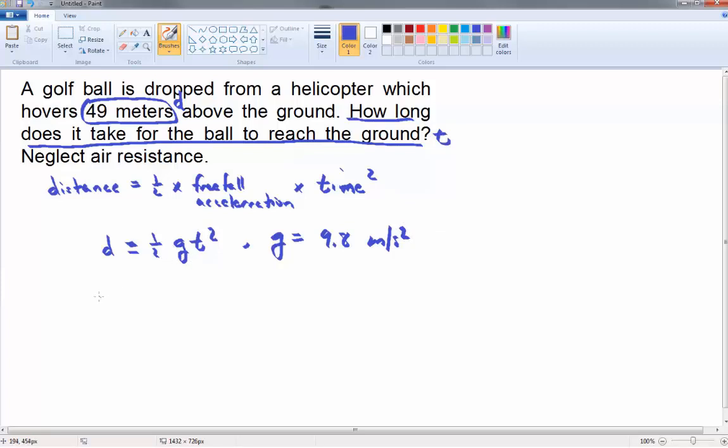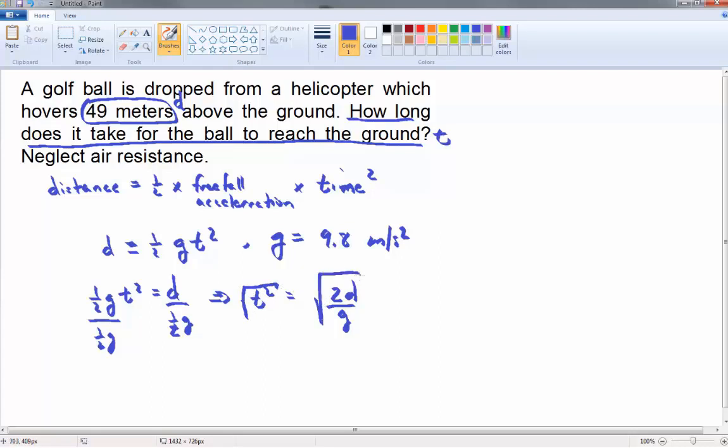So if you have 1/2 g t squared is equal to d, you can divide both sides of that by 1/2 of g. And what that gives you is that t squared is equal to 2d over g. So to get rid of the t squared, we take a square root of both sides. And what you're left with is that t is equal to the square root of 2d over g.